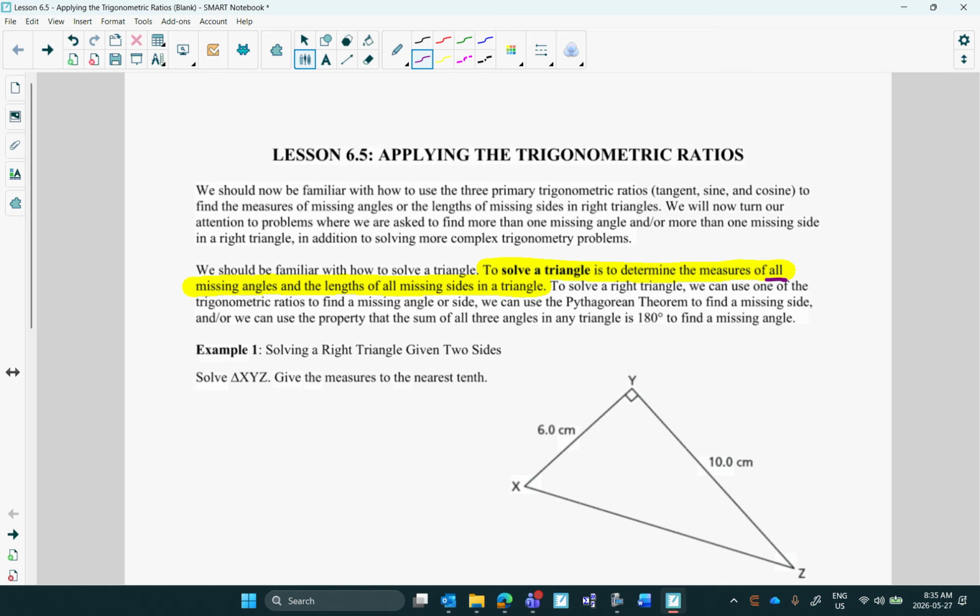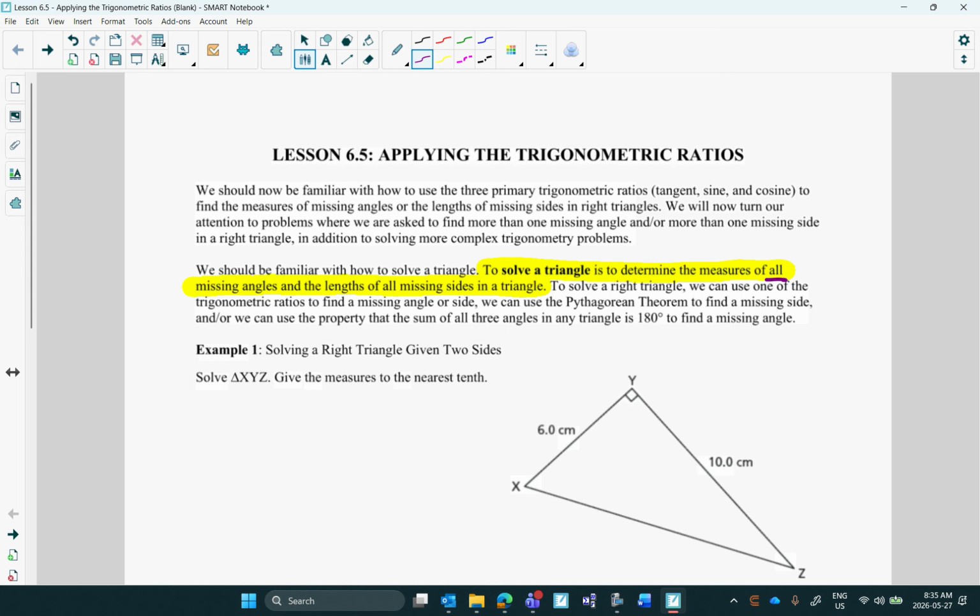So with the trig questions we've done so far, you were asked to find one missing angle or one missing side. Here you'll be given some information about a right triangle and you'll be able to find all the missing angles and sides.